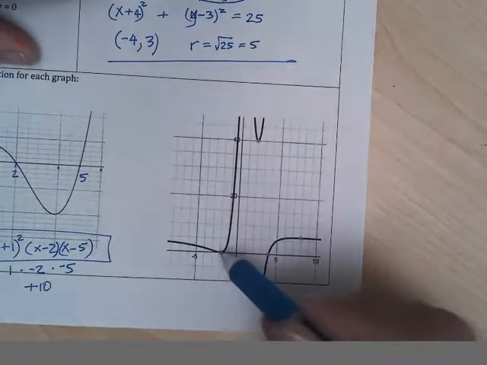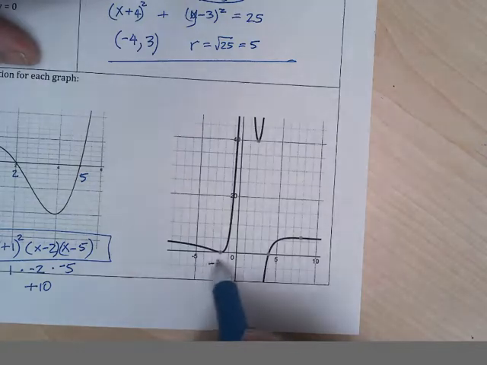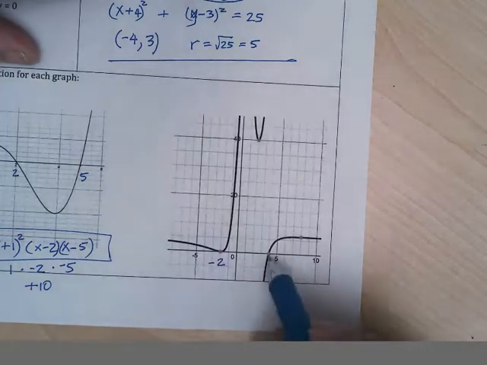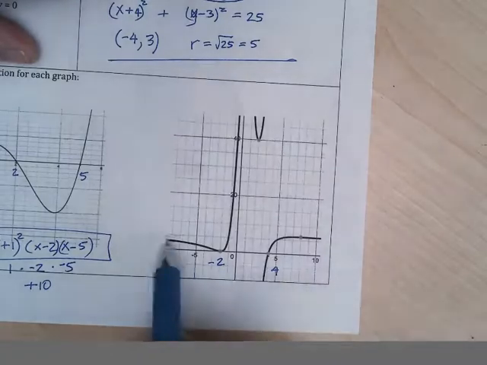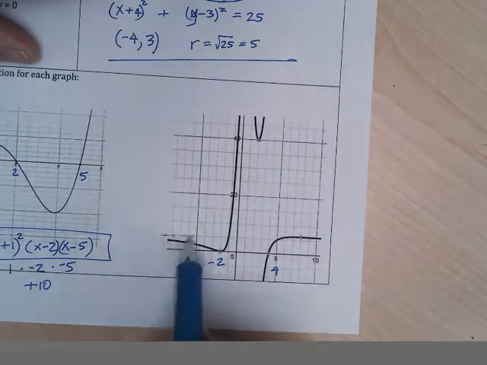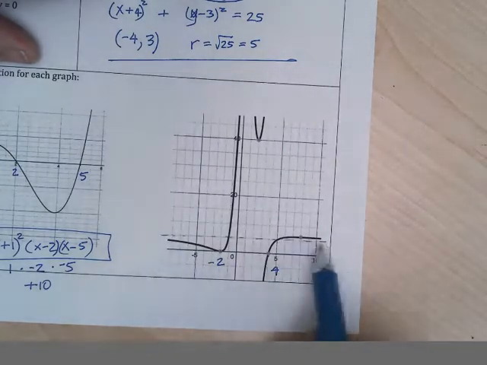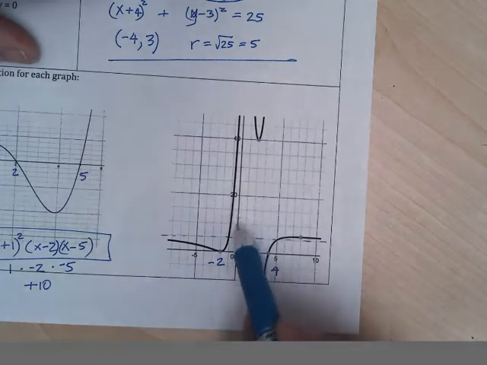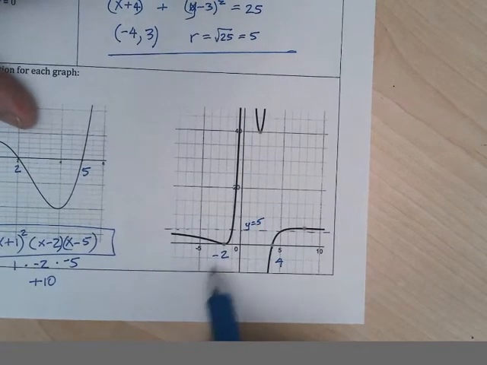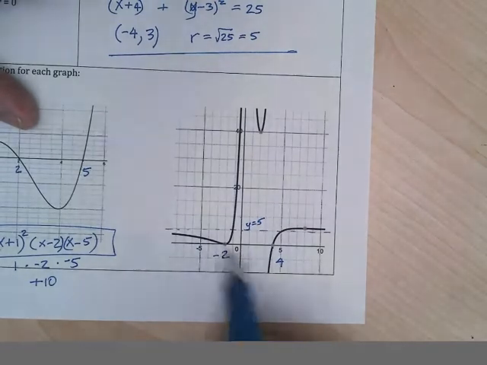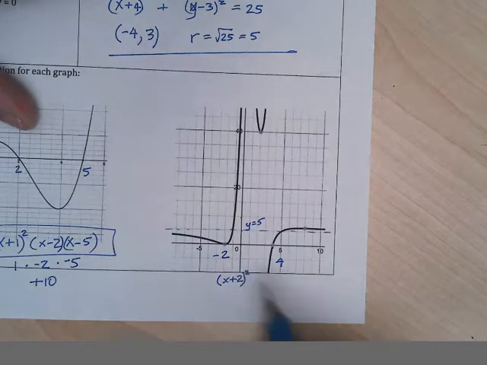This one bounces at minus 2, goes straight through at 4, and it looks like it has a horizontal asymptote at 20, 10, 5. So to bounce at minus 2, that means x plus 2 must be in the numerator.